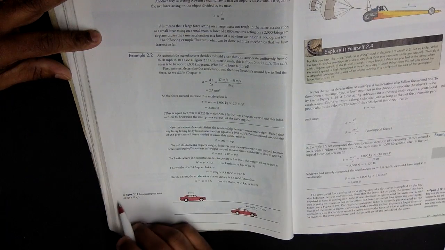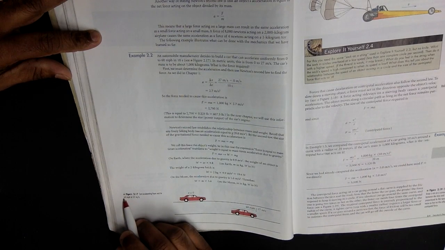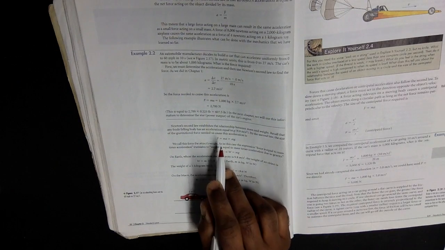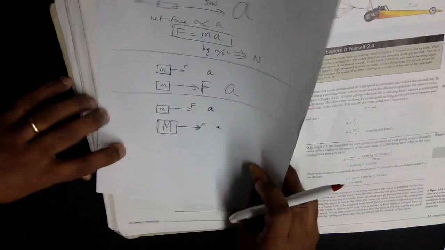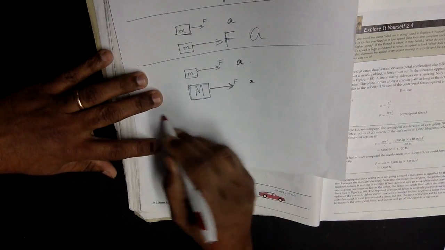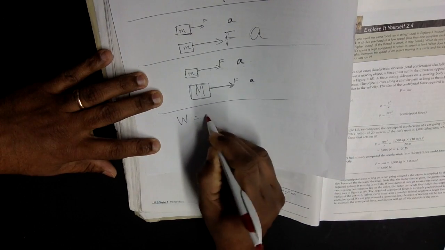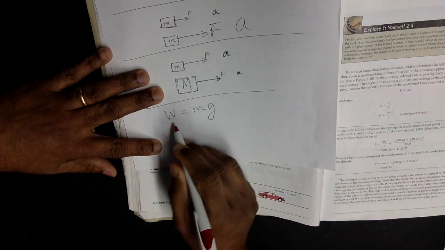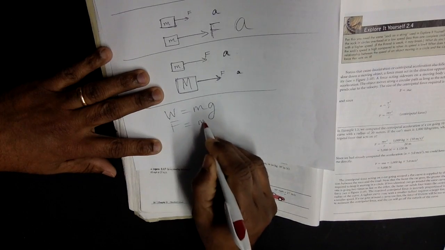And you get the answer, 2,700 newtons. And over here it tells you about the force of gravity, which is what we call weight. So weight is a force due to gravity. Weight is equal to mass times gravity, just like force is equal to mass times acceleration.